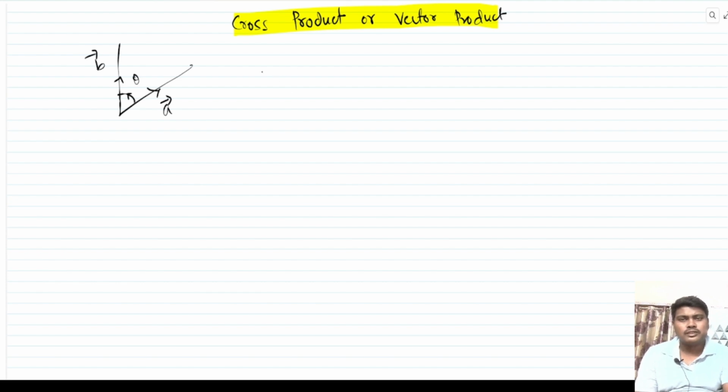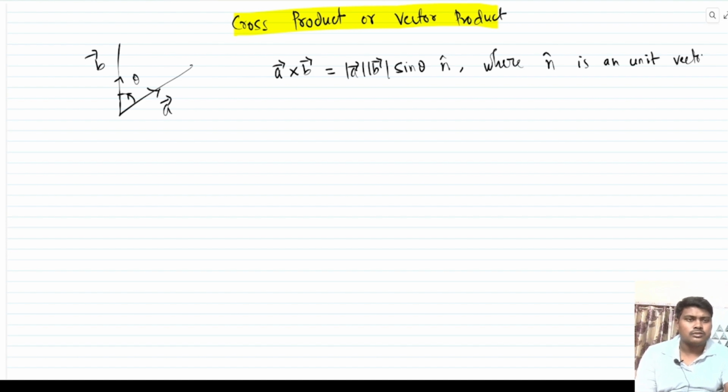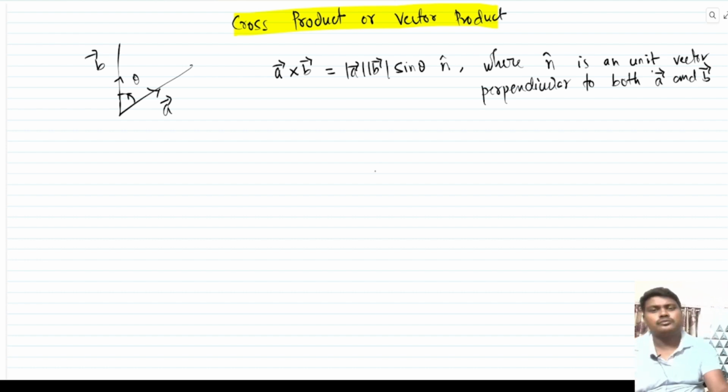The cross product between two vectors a and b is denoted by a cross b, which is equal to mod a mod b sin theta into n cap, where n cap is a unit vector perpendicular to both a vector and b vector.